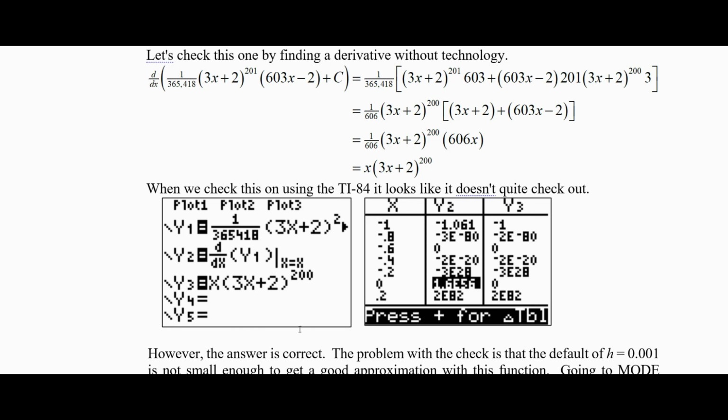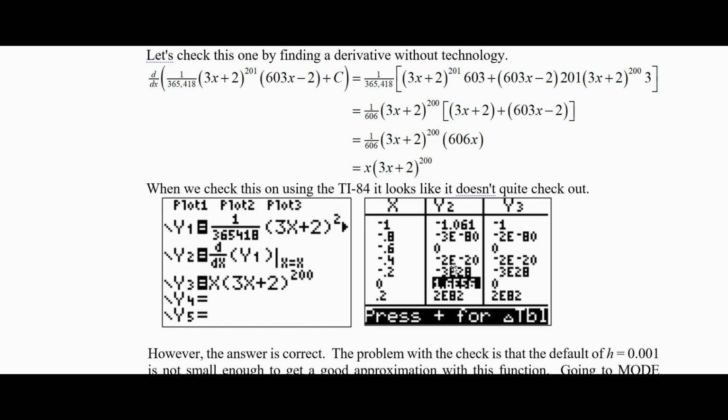Now, this answer is actually correct, but the check doesn't look like it's quite checking out here. It looks like it's close. The problem is that for this particular function, because of how fast it's growing here, an h of 0.001 doesn't give you a very good symmetric difference quotient. The actual original function's over here.